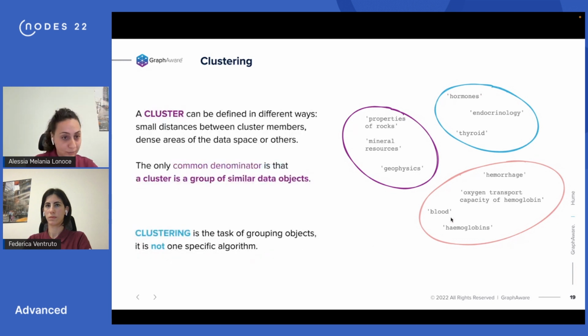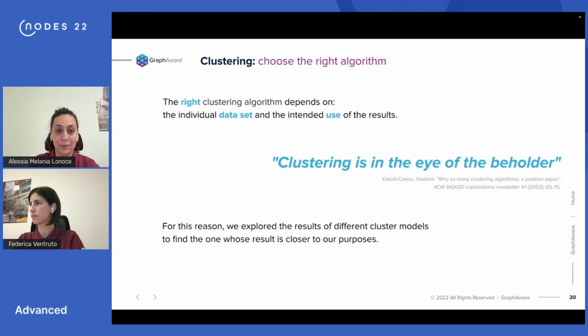A cluster can be defined in different ways, for example, small distances between cluster members, dense areas of the space, and all these definitions have one common denominator: a cluster is a group of similar data objects. For this reason, clustering is not one specific algorithm, but a task of grouping objects.